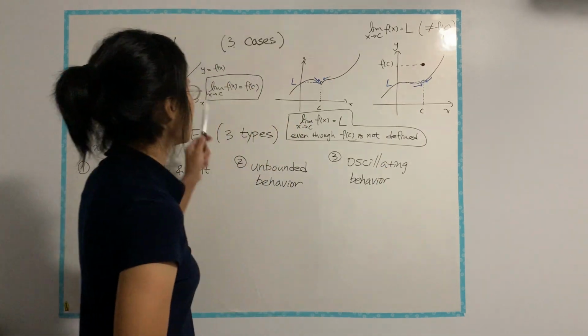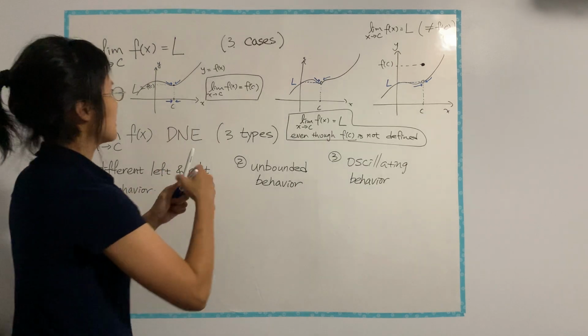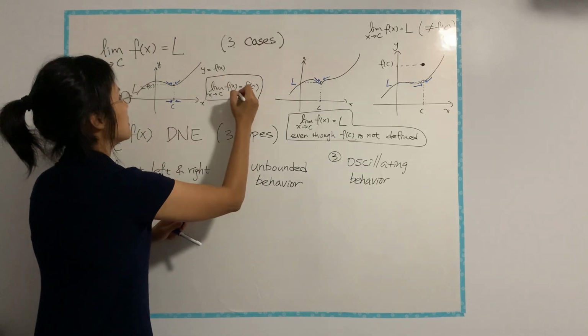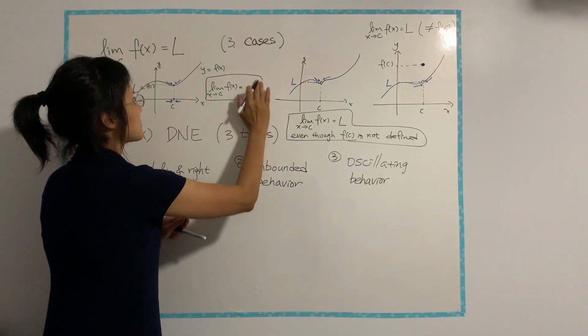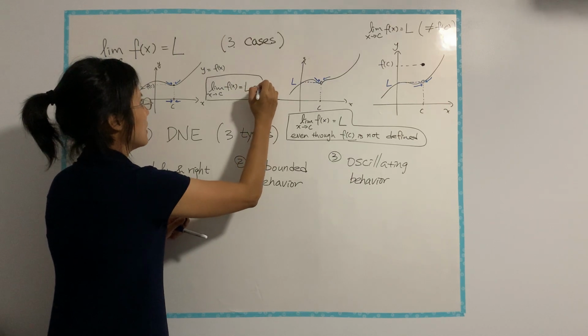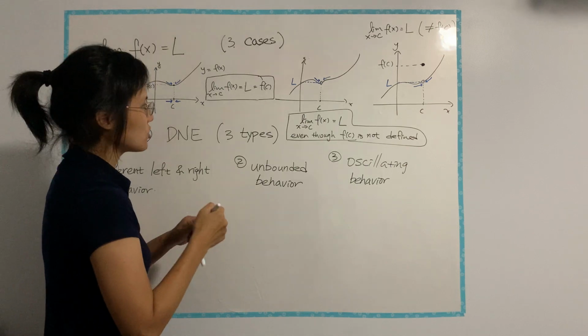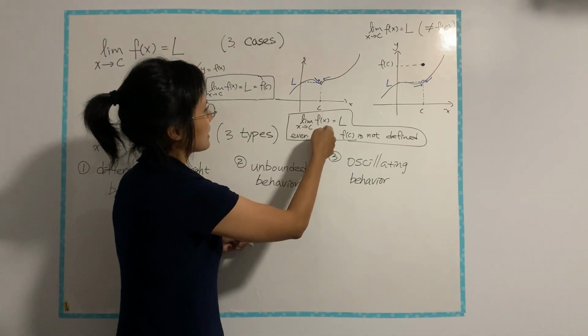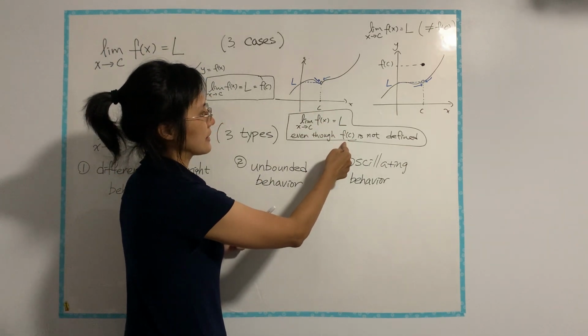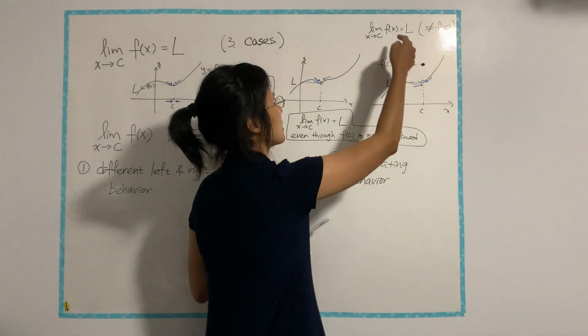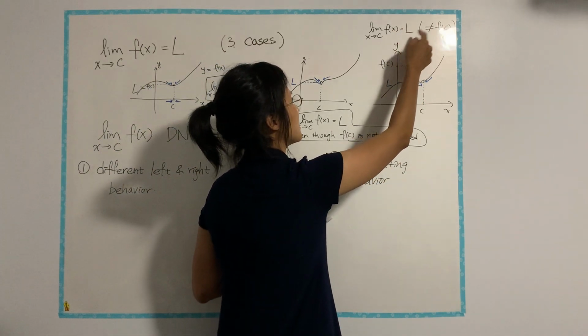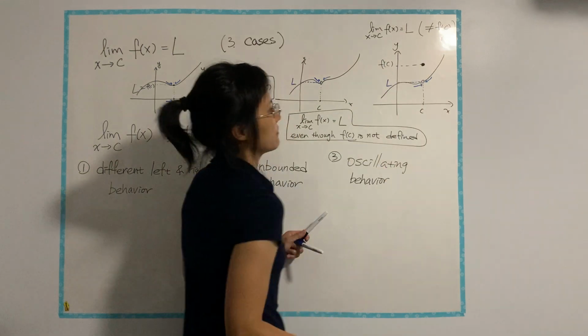Okay, so we have a situation, the limit equals L equals the function value. With a situation, the limit exists, but the function value is not defined. And with a situation, the limit exists and the limit is different from the function value.